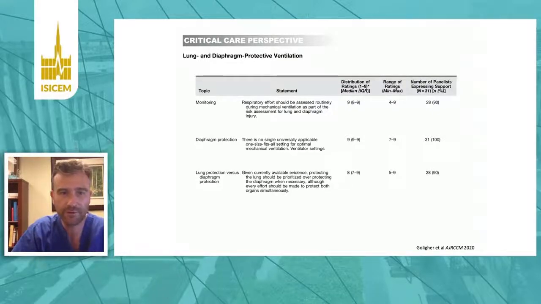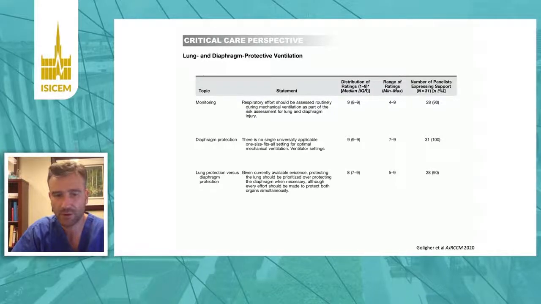Secondly, from the standpoint of diaphragm protection, given the complexity, given the many competing mechanisms at play, this really requires clinical wisdom and clinical expertise and a careful clinical assessment. And we want to push back on the notion that you can do recipe-based mechanical ventilation. There's no single universally applicable one-size-fits-all setting for optimal mechanical ventilation. We had 100% agreement about that amongst panelists.